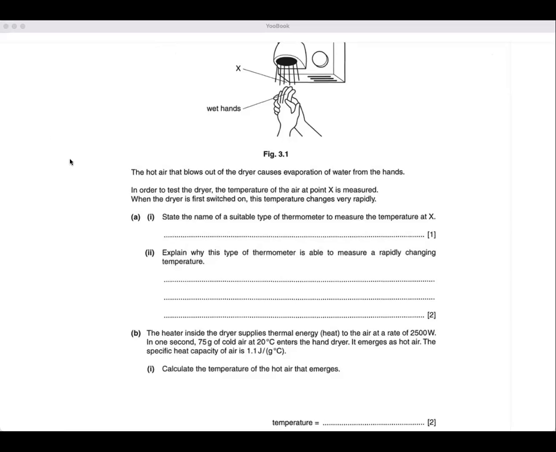Okay, I haven't seen the answer yet. Let me just give you the answer for this. So have you all learned this? Okay, so why is this type of thermometer able to measure a rapidly changing temperature quickly?